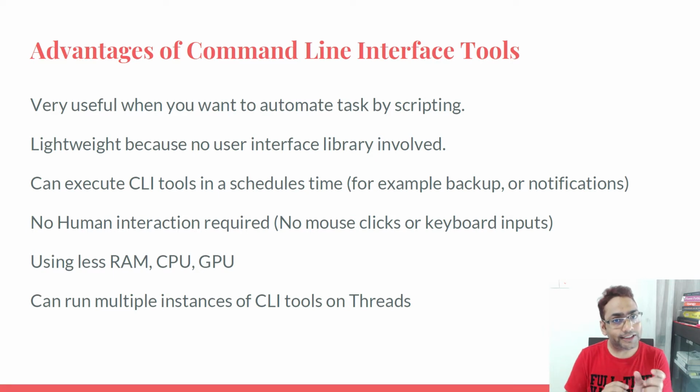So you can build the exe with any application, maybe in our case with Python, but to execute it on a schedule you can use a script. That's why it's very helpful to automate tasks by scripting.